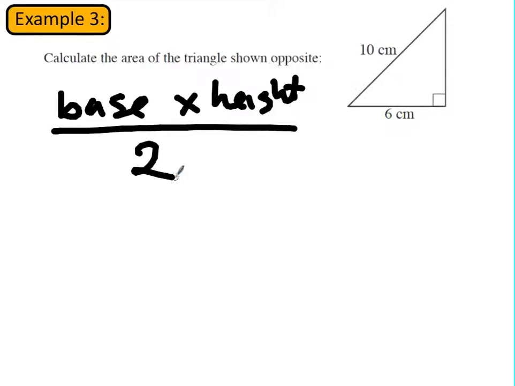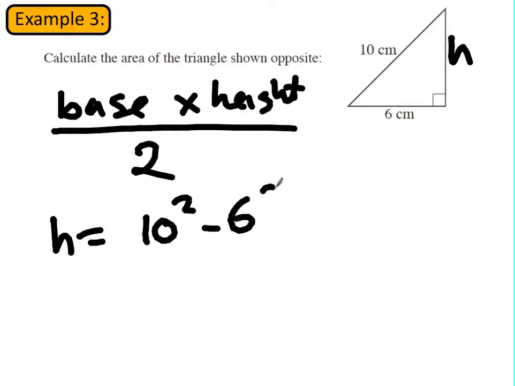So we're going to look at finding that height, and it is of course not the hypotenuse, it is one of the sides A or B, one of the perpendicular sides, so therefore we're going to do a subtraction with our Pythagoras. If we call that height h, h is going to be 10 squared, take away 6 squared, square rooted.